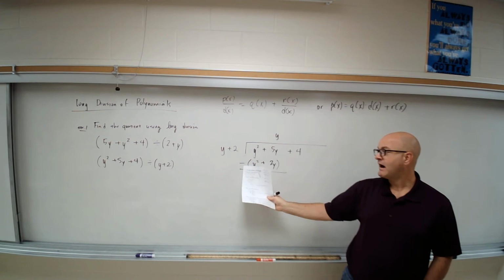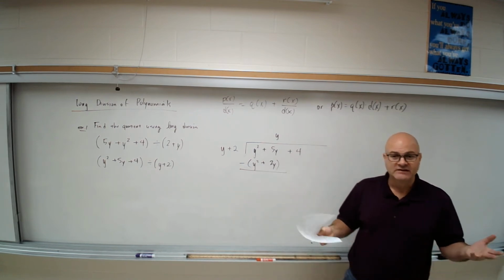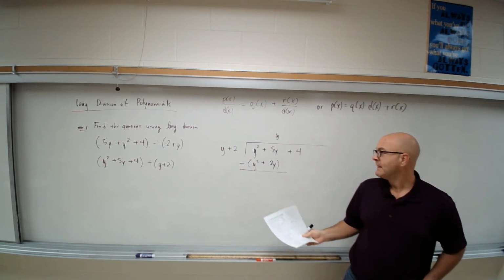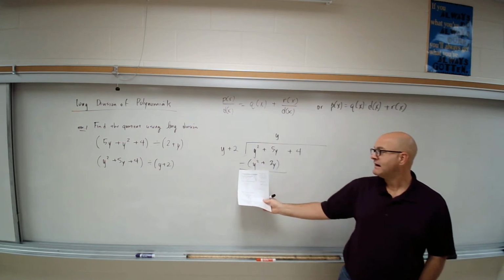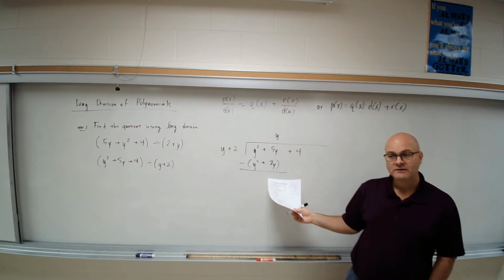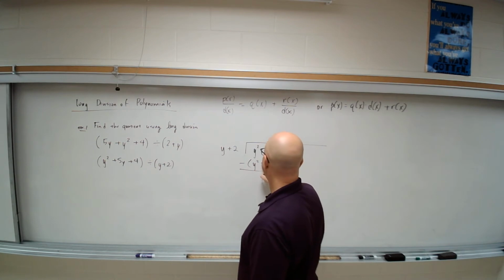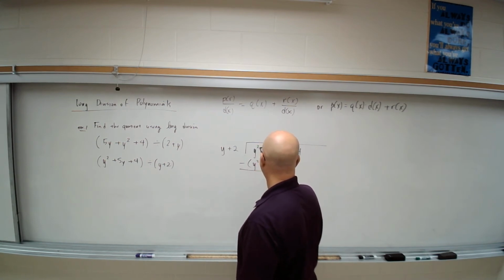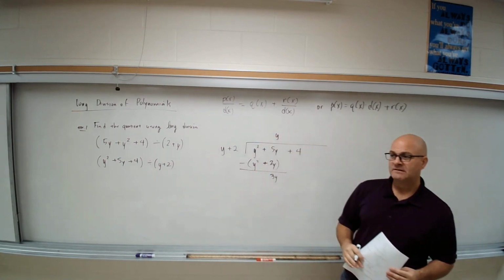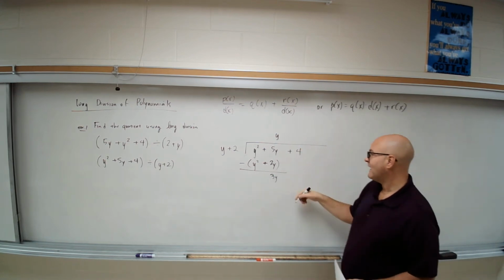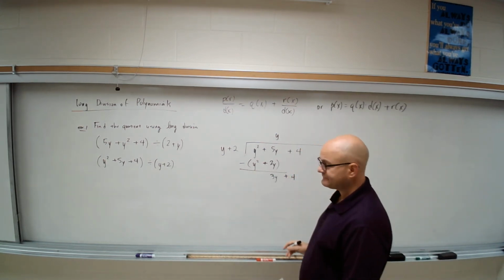So y squared minus y squared is 0, right? They just cancel out. But then we'll have 5y minus 2y, which is 3y. So that'd be 3y. And then I'm going to bring down the next term, so plus 4.